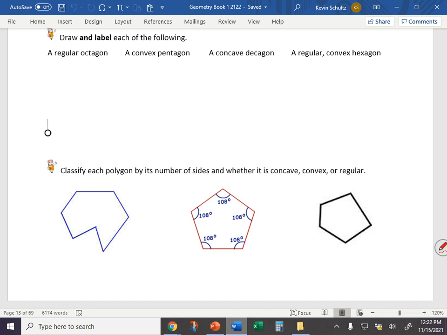Convex pentagon. Yeah. Good, Steve. That's what I wanted to do. Whoa. That was his example. Great. Proud of you. Mackie, can you do a regular octagon?